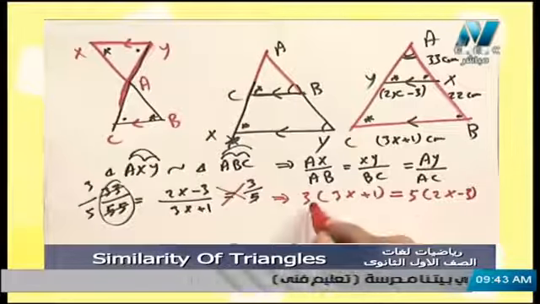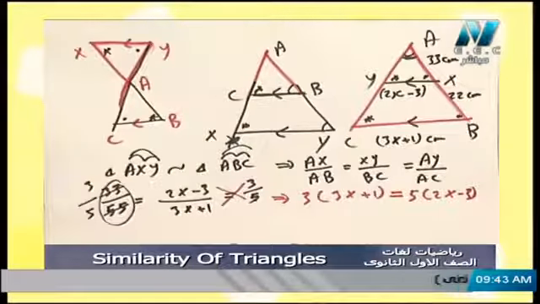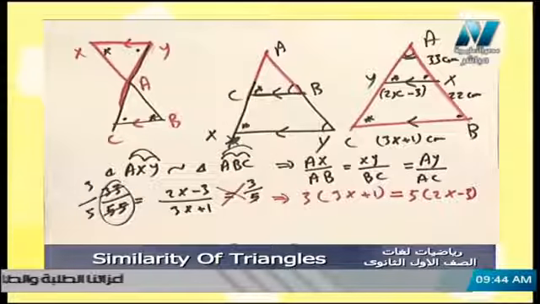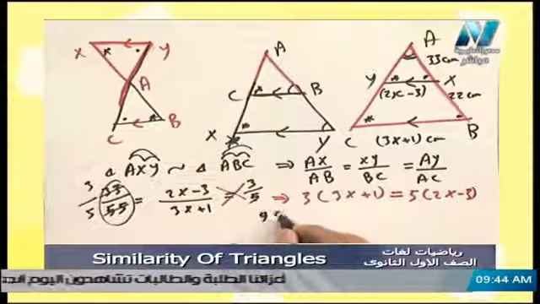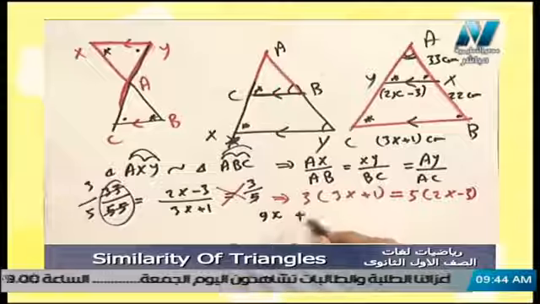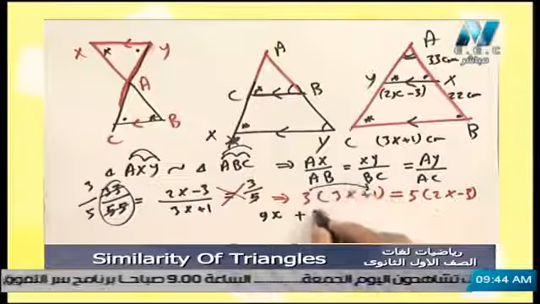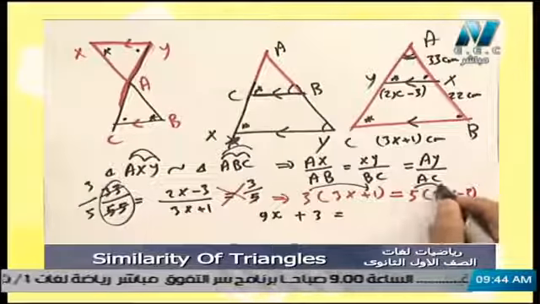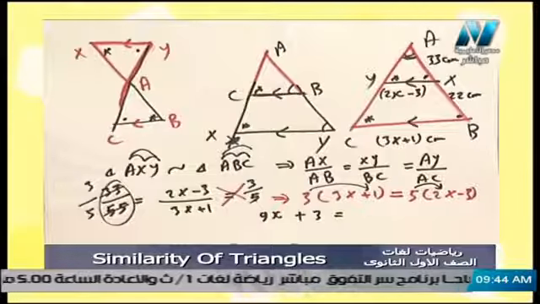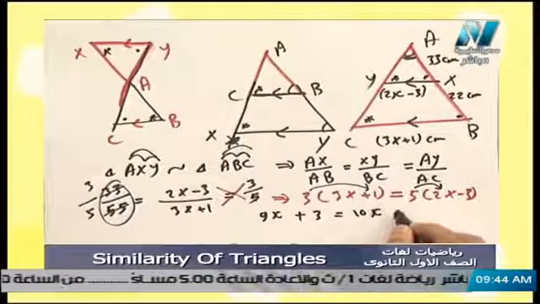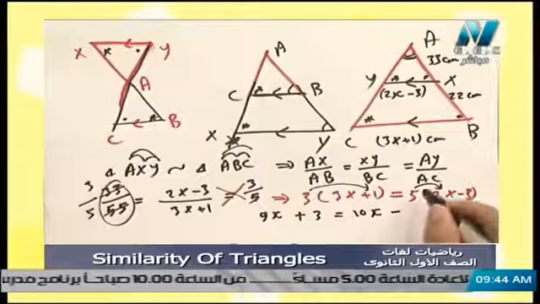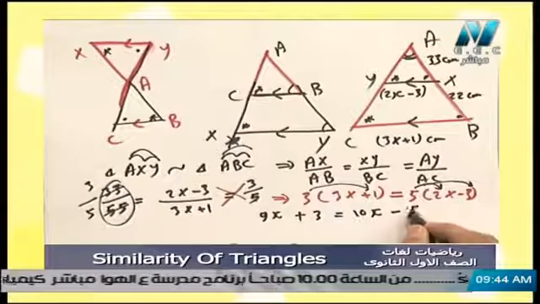To multiply 3 by 3x, we will have 9x plus 3 multiplied by 1 equals 3, equal 5 multiplied by 2x equals 10x, minus 5 times 3 equals 15.